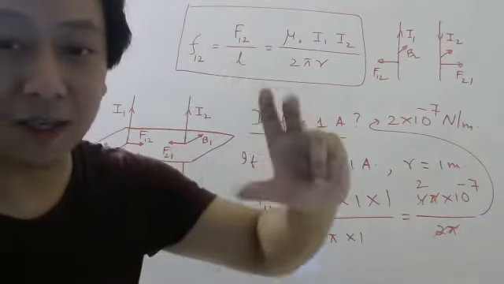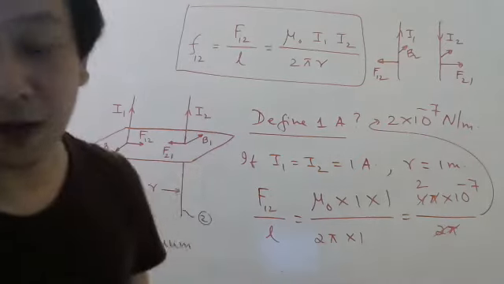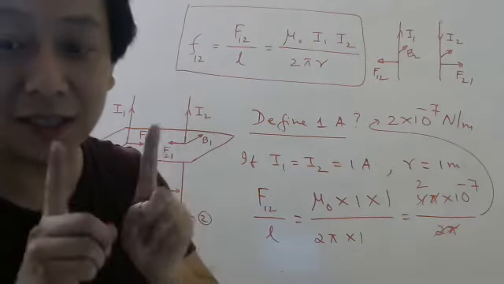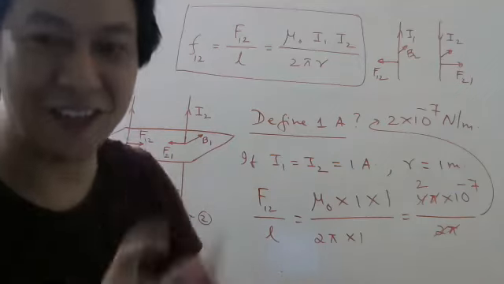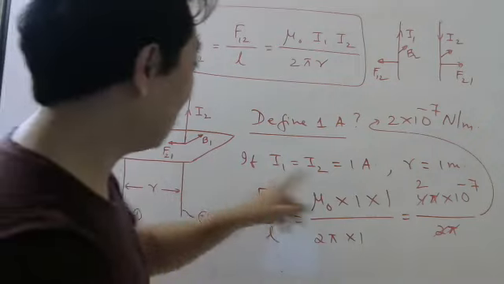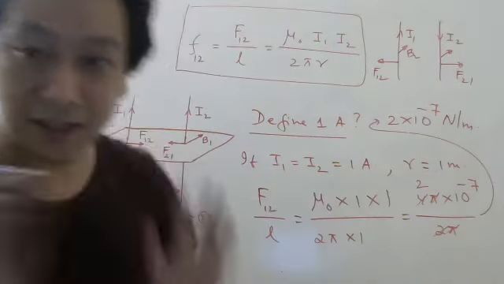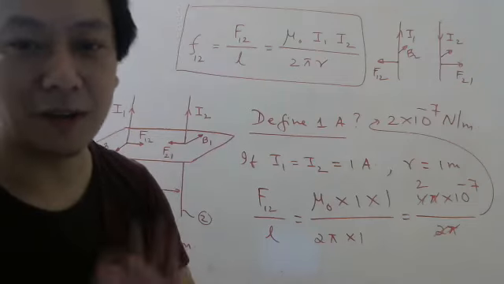So each meter of one wire will feel this much force. That is when the currents are equal to 1 ampere and the wires are separated by 1 meter. So that is the definition. Say it 2-3 times, write it down 2-3 times and try to remember.